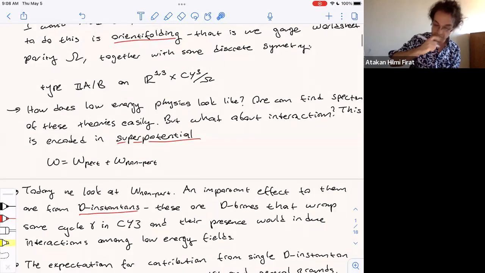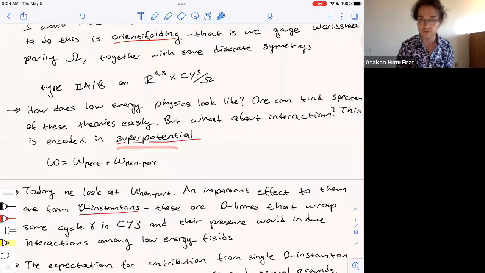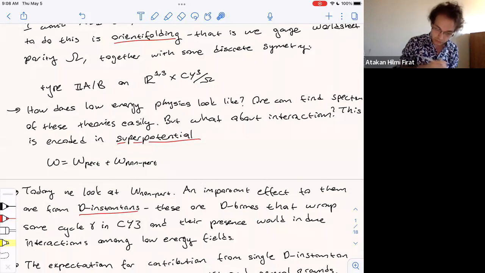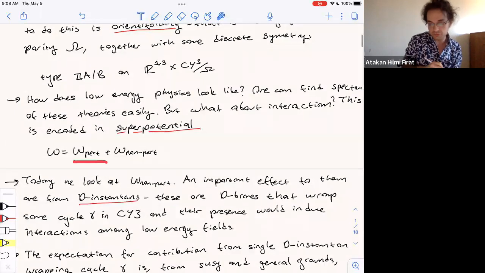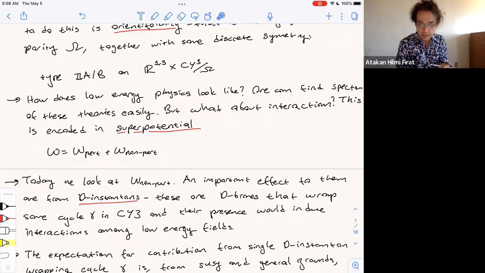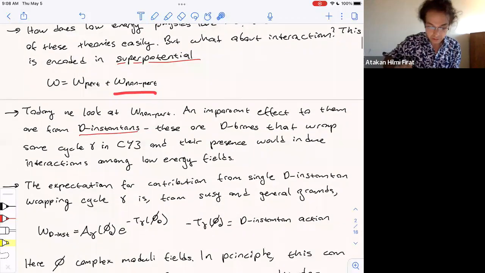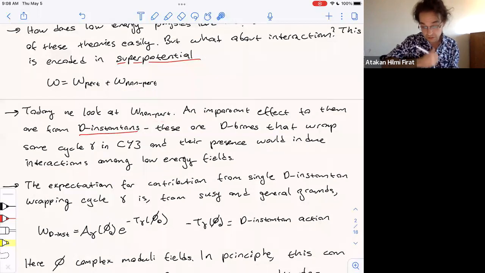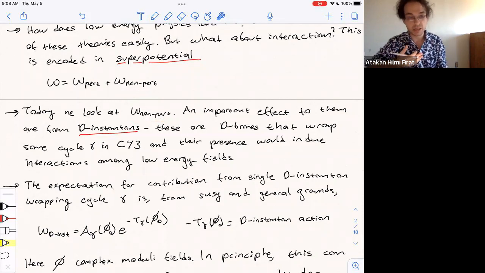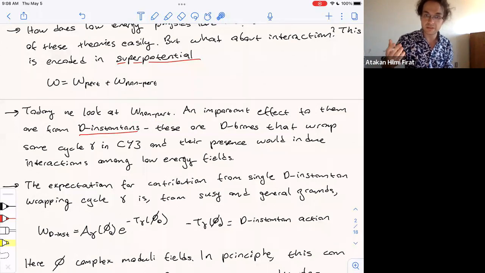But today I'm going to focus on the superpotential. The superpotential consists of two parts: there's a perturbative part, and there are non-perturbative corrections. One of the important effects in the non-perturbative part of the superpotential is from instantons, by which I mean we take Euclidean D-branes and wrap them on internal cycles.